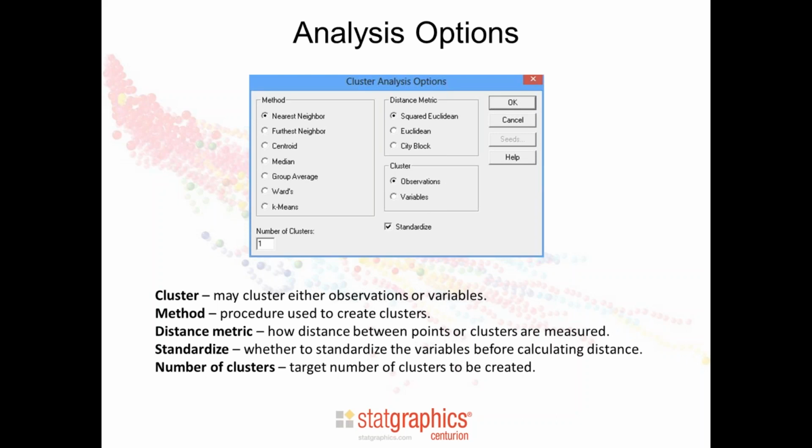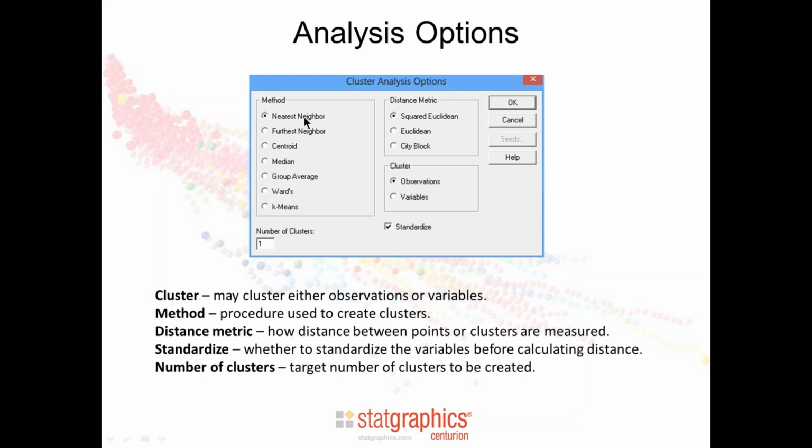The most common thing is to cluster by observations, which means I would create groups of countries, which is what I'm going to do. But it's also possible, if you have a lot of columns, that you might like to group the variables into clusters. The same methodologies are applied, but you come up with groups of variables instead of observations.